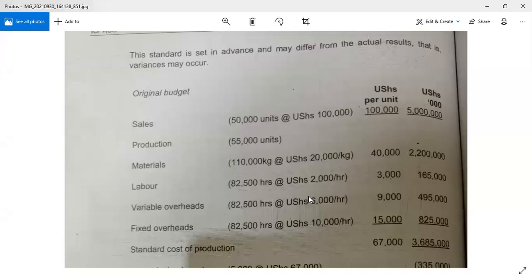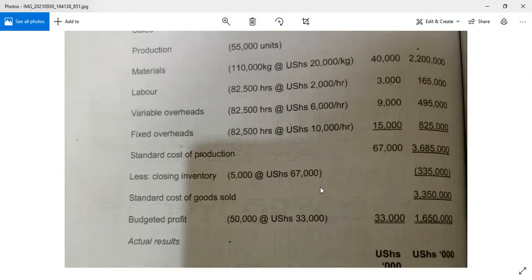As you can see, they have also given you the absorption rate. They're telling you that it is at 6,000 per hour, and then 10,000 per hour there. And when you move down, you also have the less closing stock, and then we are able to get the standard cost of goods sold right there, and then the budgeted profit.